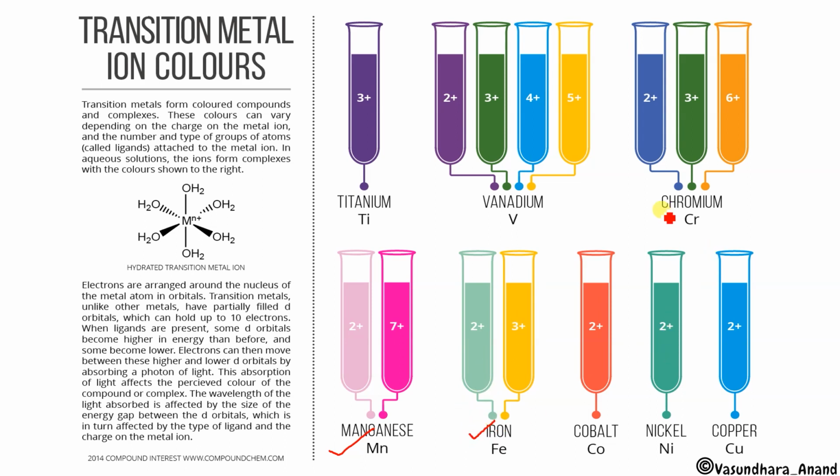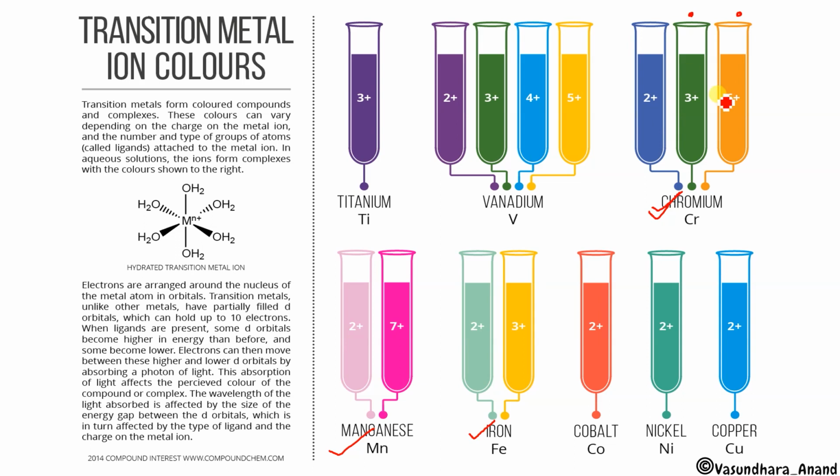Next is chromium. Questions will be asked from this chromium part, so be clear with this. It shows three states: +2, +3, +6. Out of these, +3 and +6 are the important ones. In the +6 state it gives orange color, while in the +3 state it becomes green color. The +2 state shows blue color, which is rare and won't be asked.